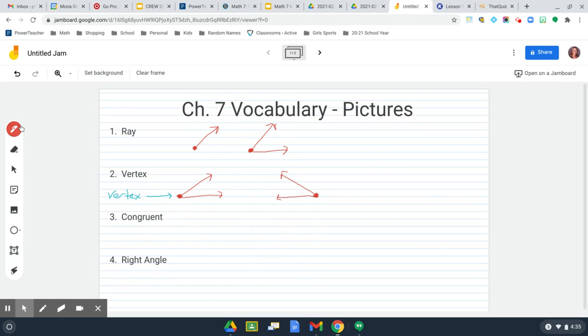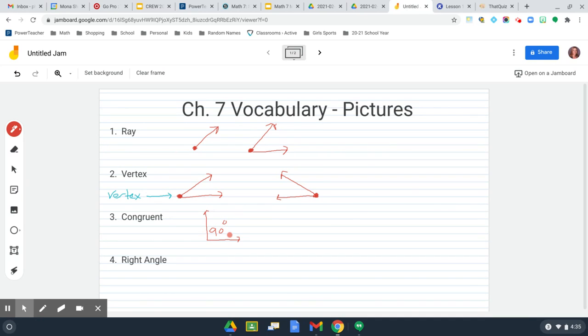Okay, number 3. Congruent. When two angles or sides have the same measure or are equal. So let's talk about when two angles have the same measure. So maybe I do a right angle, a 90-degree angle.